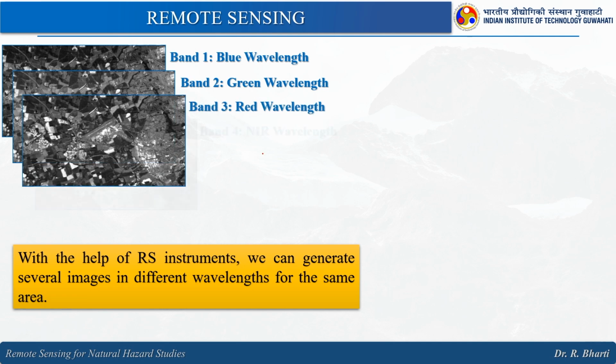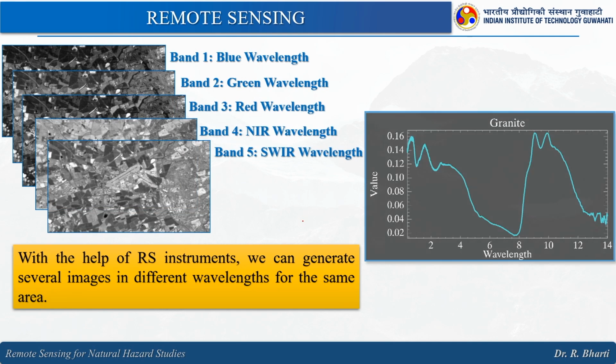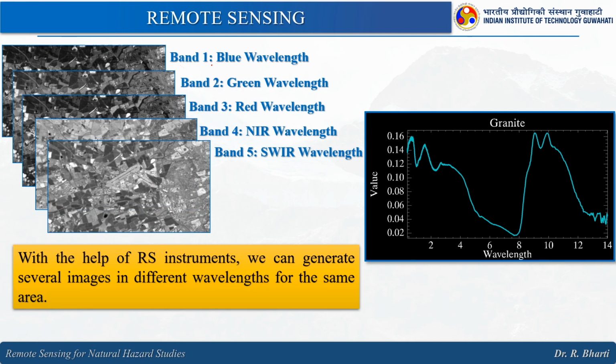But in remote sensing or satellite based measurement, we are generating multiple images at the same time using different wavelength ranges, right. So all these images are generated using different wavelengths, right.